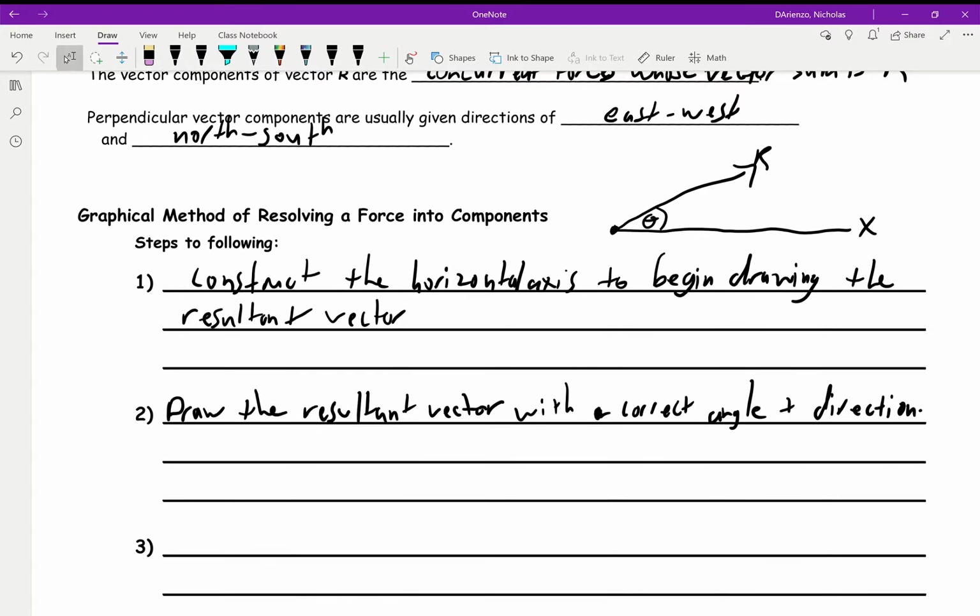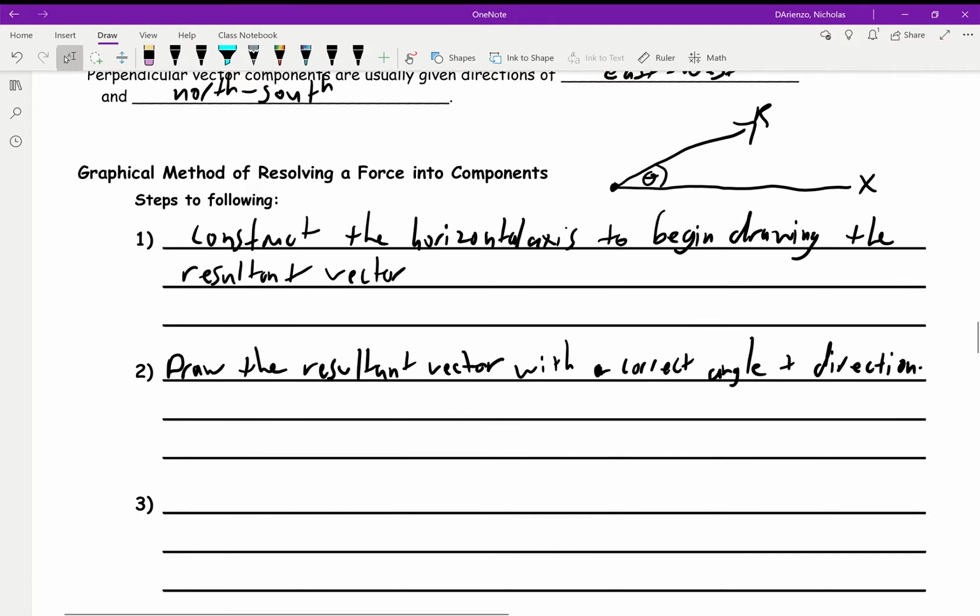We can break this up into its components, but first we're going to need to construct the vertical axes.